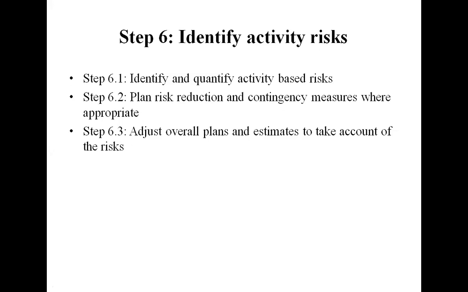So how do we stop the risk before it occurs? Then contingency means the action if the risk does occur. If the risk continues, we have to stop that activity and go for another activity.